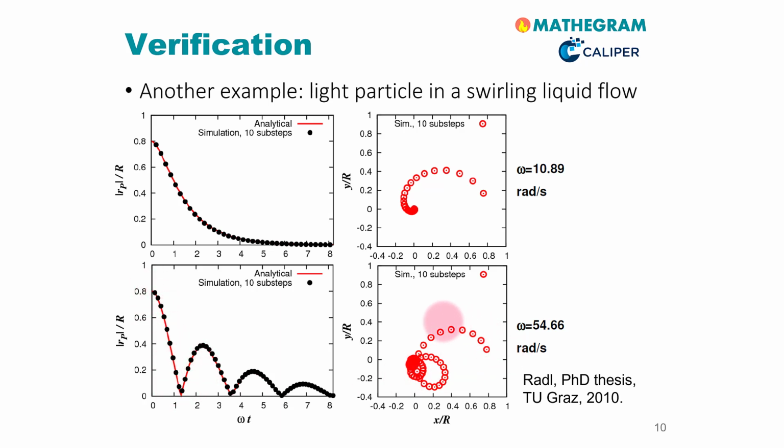So the particle would start here and then essentially overshoot and then finally approach the axis of the swirling flow. This is a very useful test case because it allows to check a number of closures at the same time. Here, for example, that of the drag force, that of the pressure gradient force, and that of a lift force that is here also relevant.